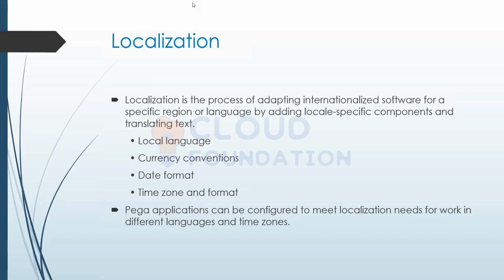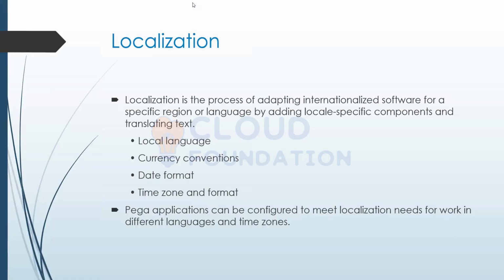Now, when I say localization, what do you think is localized? Is it the things that are displayed, or the rules, or the backend tables? What is localized in fact? The one which is displayed on the UI. Exactly.